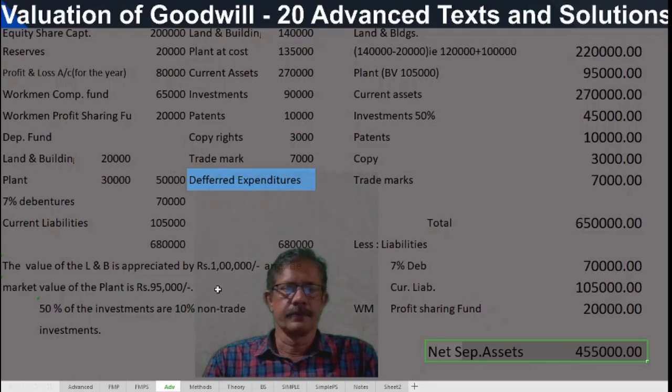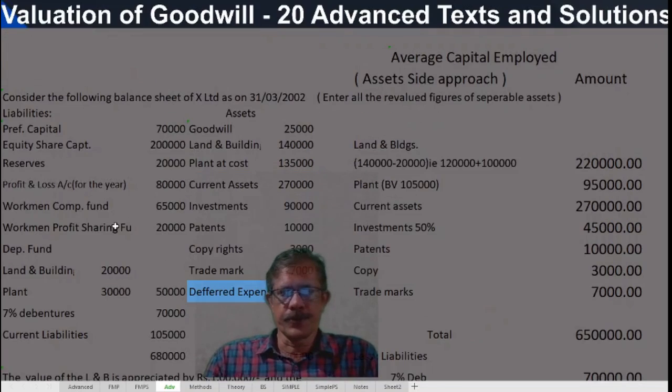The excess of actual profit over normal profit is super profit. And the method will apply. And the liability side approach also gives the same result. Do it yourself.